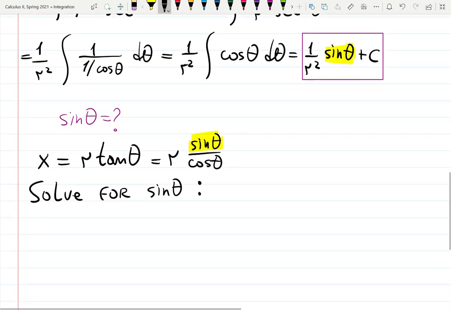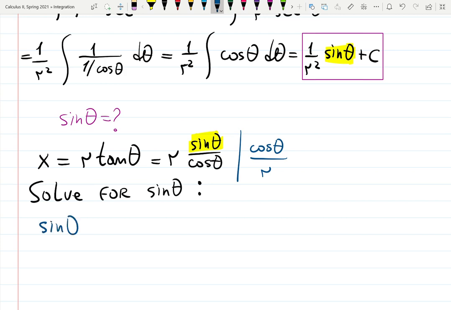If x equals r sine theta over cosine theta, then let's divide by r and multiply by cosine theta. Make sense? Then sine theta will be x times cosine theta over r. Does this make sense? So we solved for sine in terms of x.